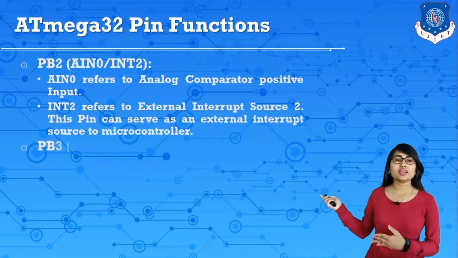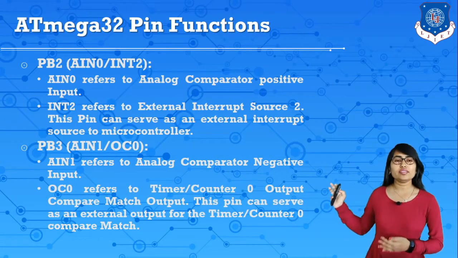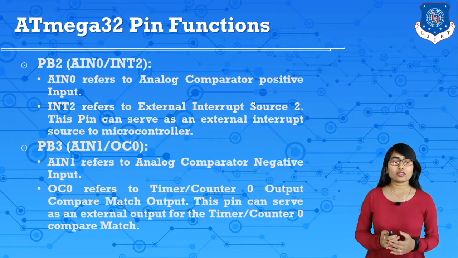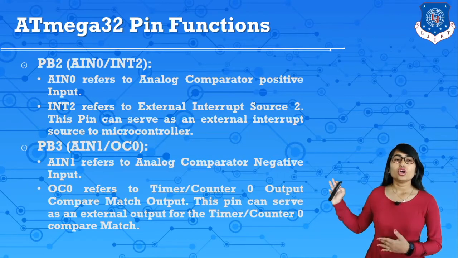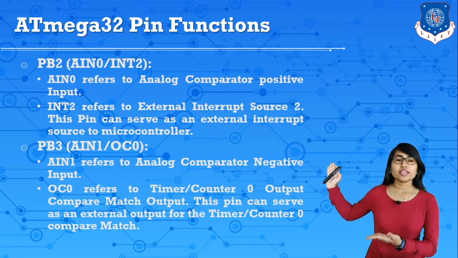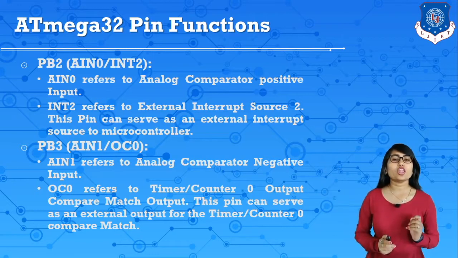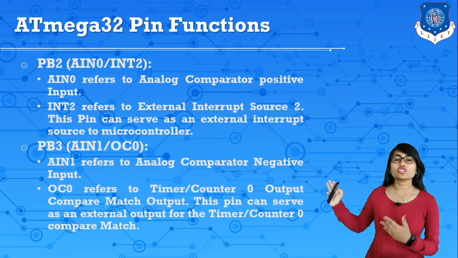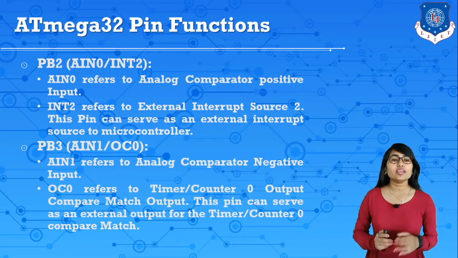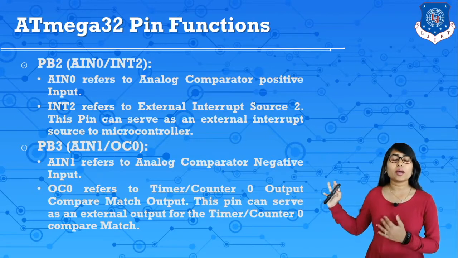Then next there is PB3. PB3 is for AIN1 and OC0. AIN1 refers to the analog comparator negative input. So AIN0 is for positive, AIN1 is for negative. This OC0 is for timer counter 0, and OC is basically the output compare match output.